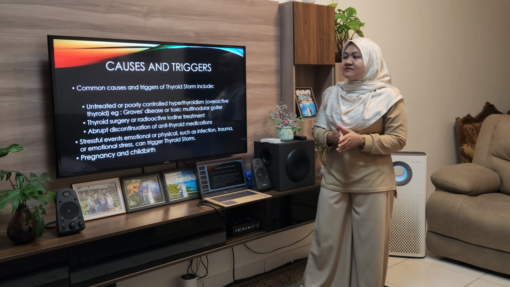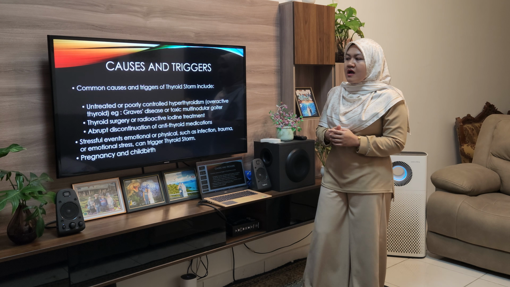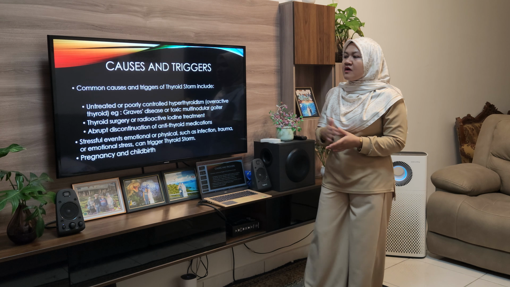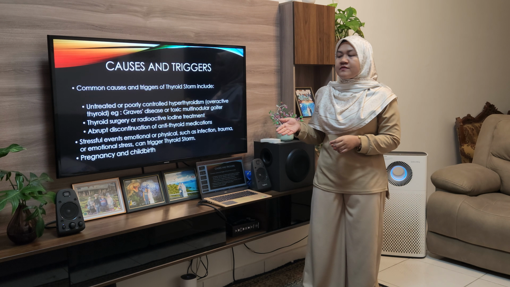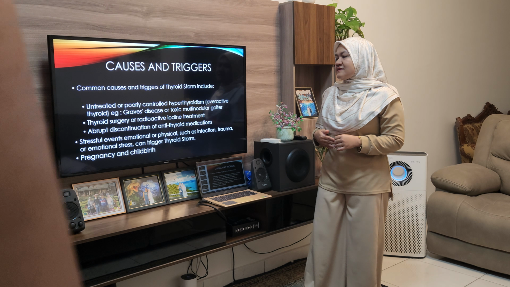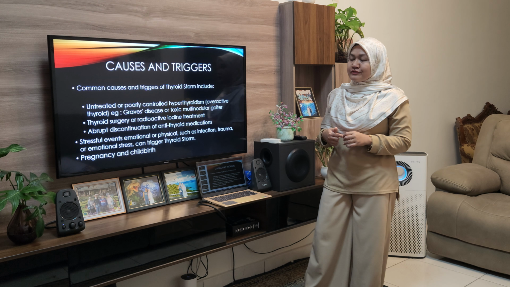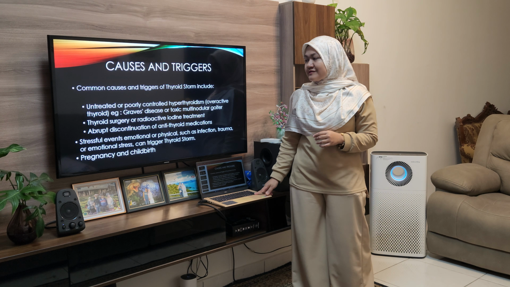Then thyroid surgery or radioactive iodine treatment, and abrupt discontinuation of anti-thyroid medication, as I said just now. The other causes and triggers are stressful events, emotional or physical, such as infection, trauma or emotional stress. They can trigger thyroid storm. Pregnancy and childbirth can also trigger thyroid storm.